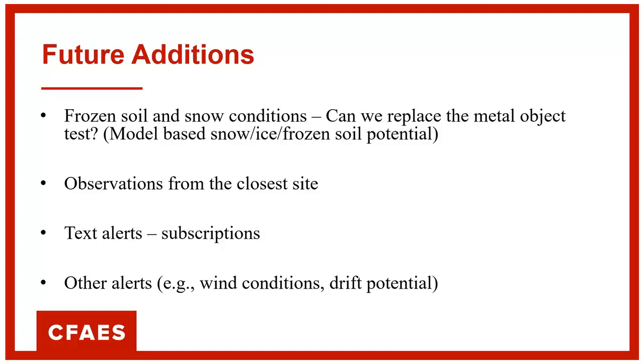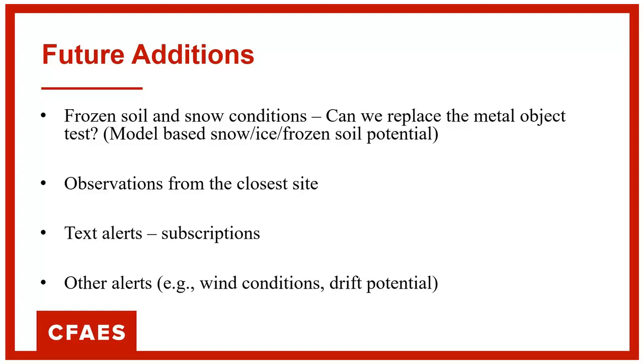So right now I know people go out and stick a screwdriver in the ground to see if it's frozen. It might not be convenient to do that all the time. Maybe we can help with that. We'd like to include actual observations from the closest site to your field. That would be a really good thing to add in.